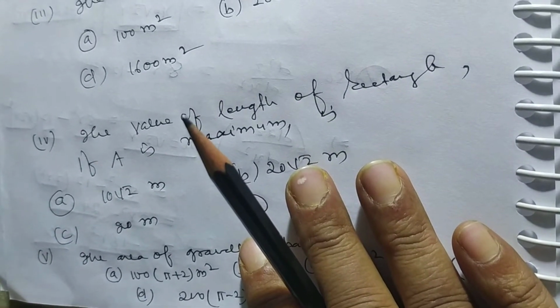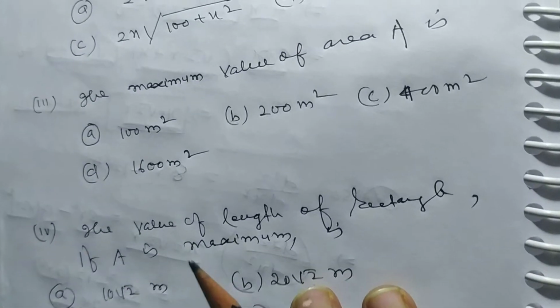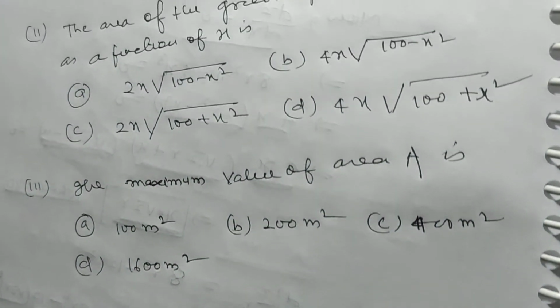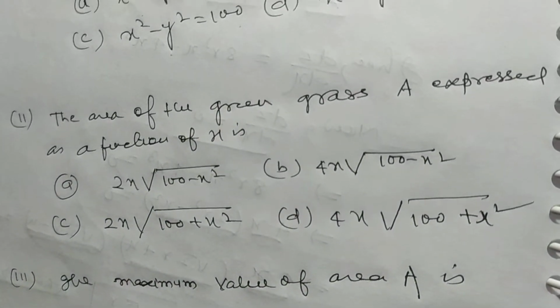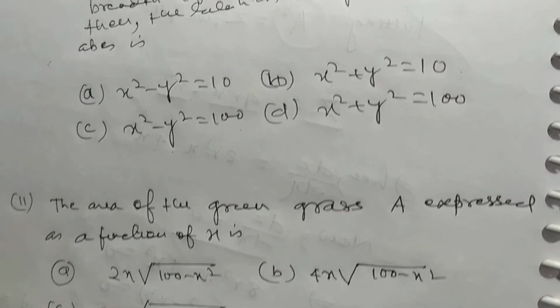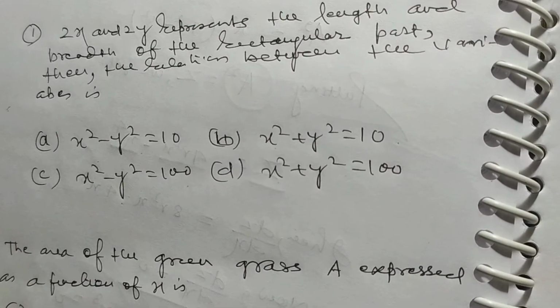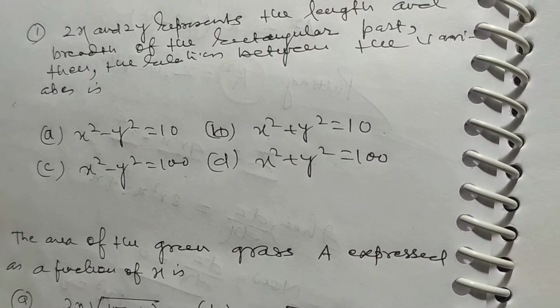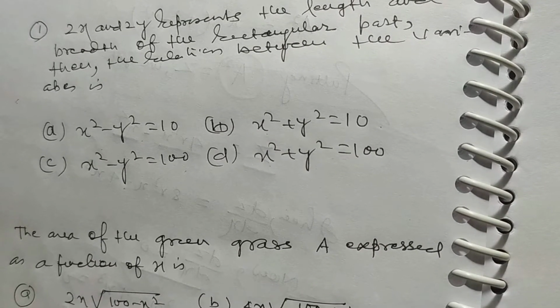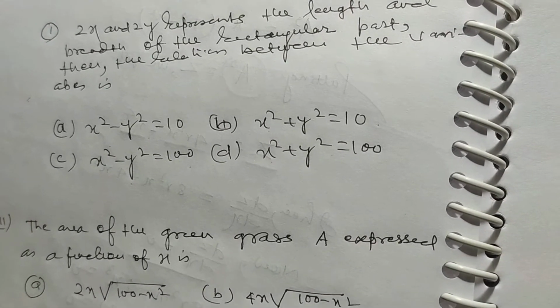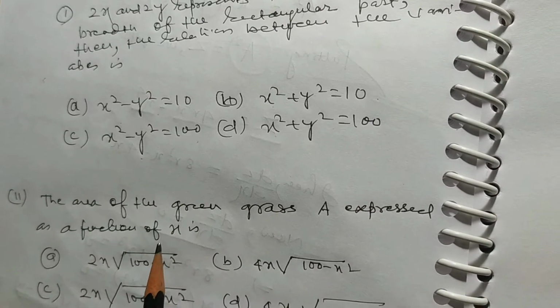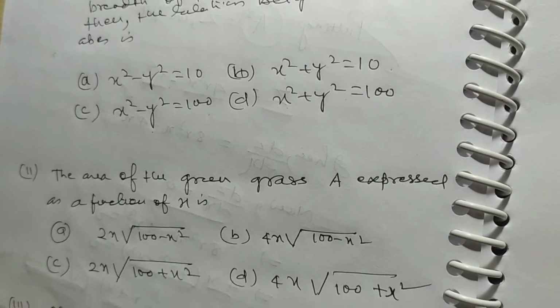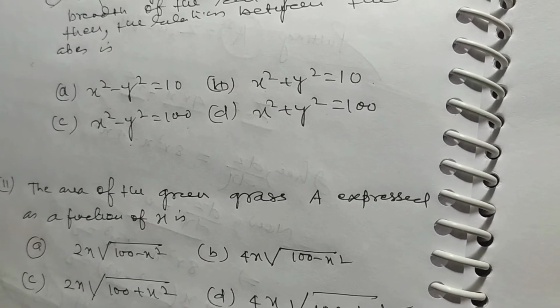The way we are solving the problems, you should solve the problem and then write the correct option. Then you will get marks. Otherwise, you will not get marks. The examiner gets confused. So you must solve the problem, then write the correct option.